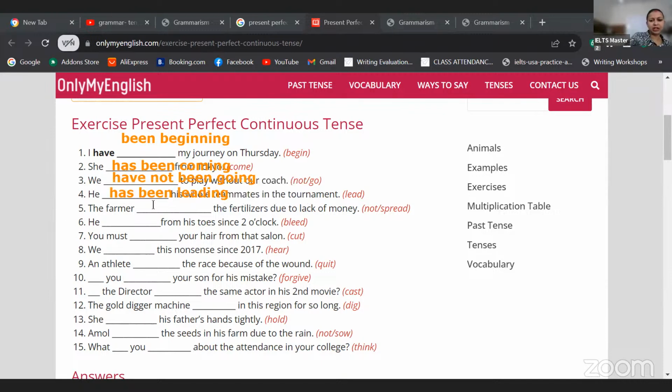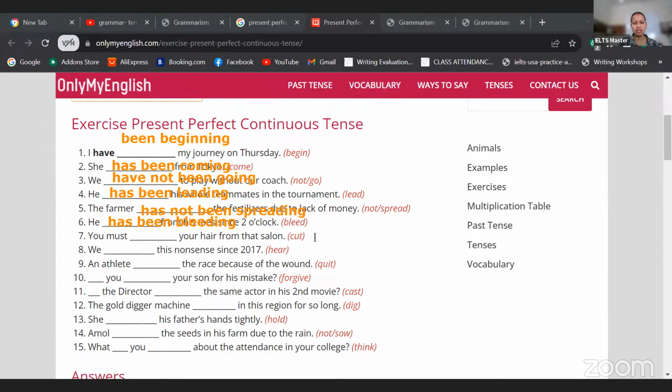The farmer has not been spreading. He has been bleeding from his toes.